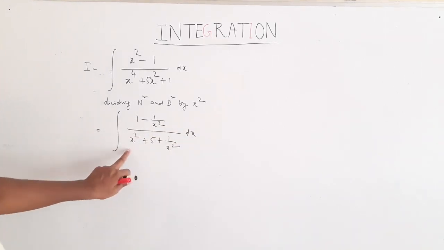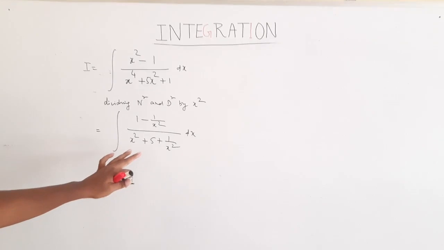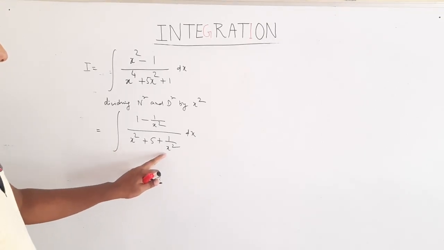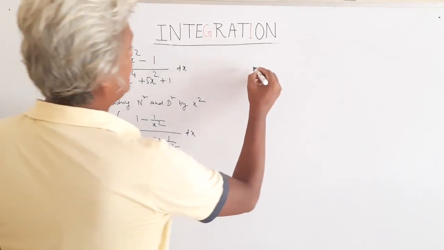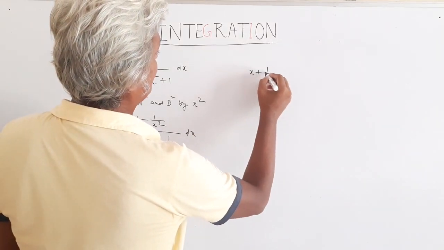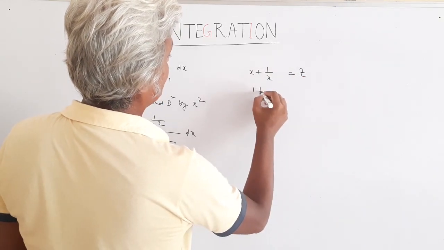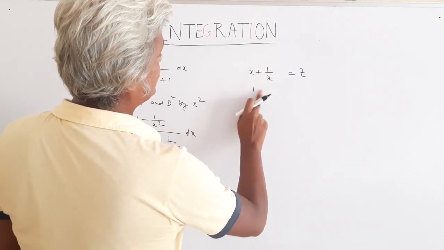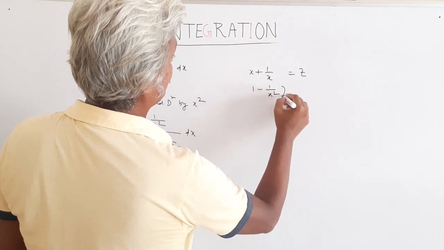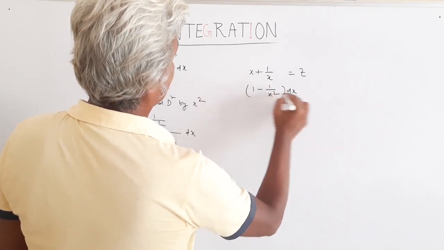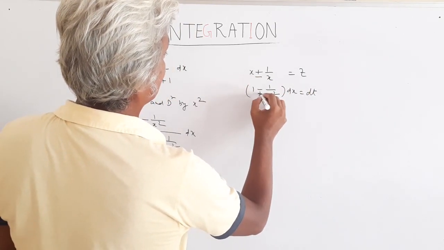Now whether I need to convert this into the x plus 1 over x form or the x minus 1 over x form, you can get just by looking at this expression, because if you have x plus 1 over x and differentiate it you get 1 minus 1 over x square dx equals dt, and when you have minus here you will get plus here.